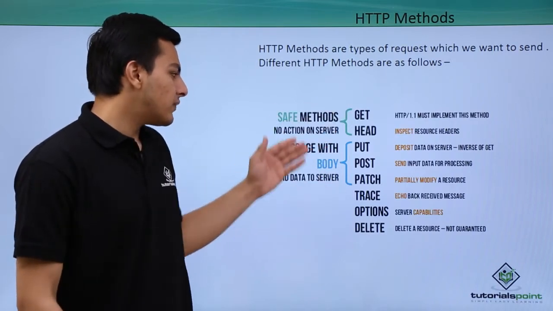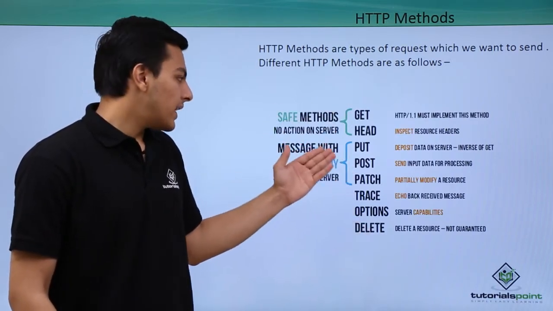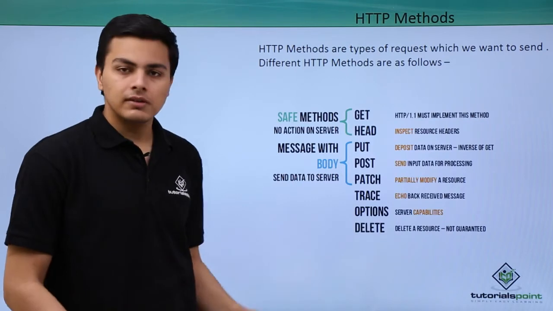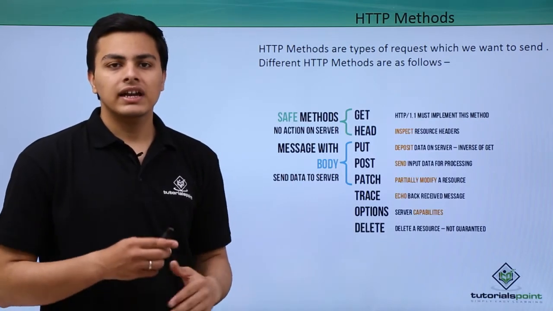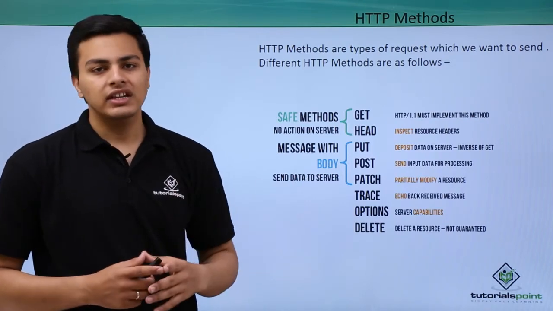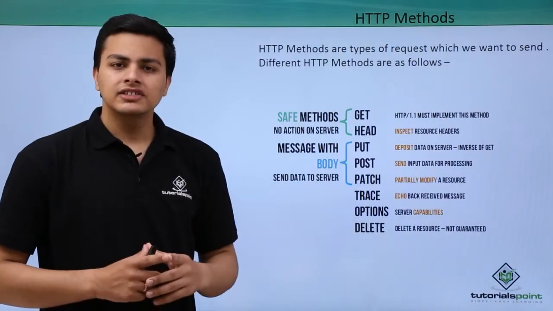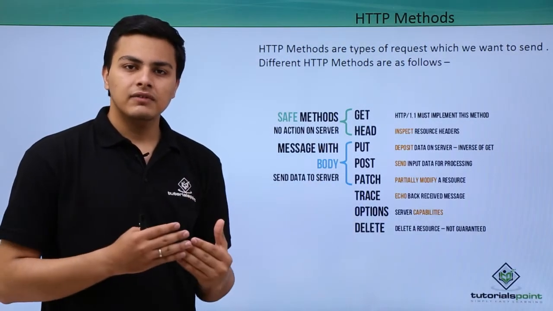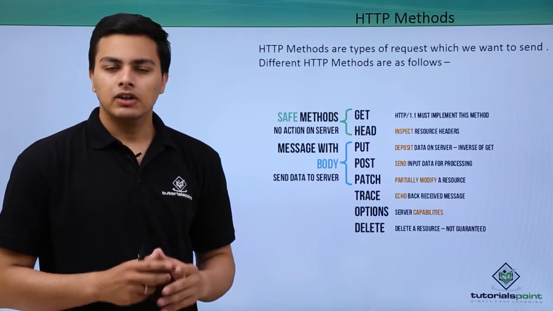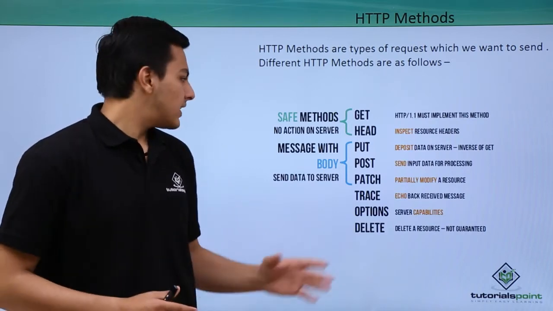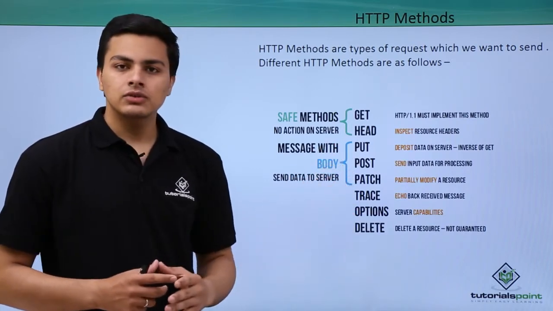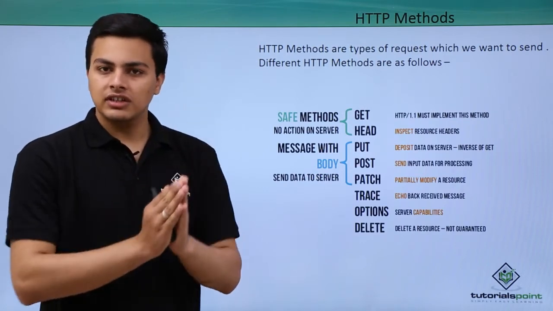Here you can see the different HTTP methods like GET, HEAD, PUT, POST, PATCH. The GET method is used for accessing or fetching any resource. The HEAD method is used to see the server HTTP headers but not the HTML data, whereas the POST and PUT methods are used for sending input to the server.